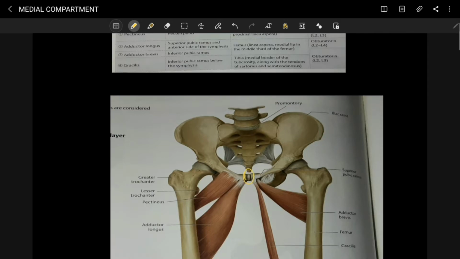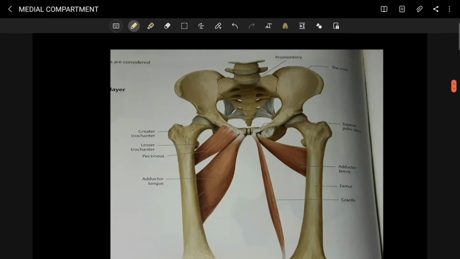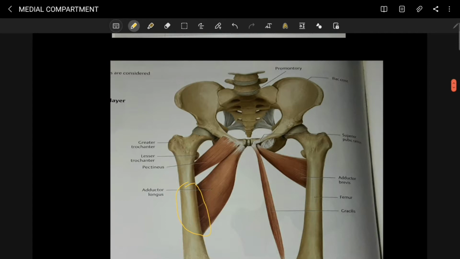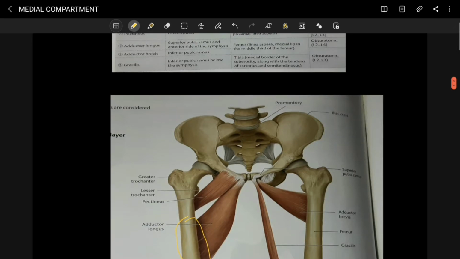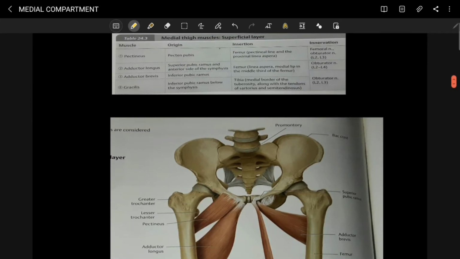So the superior aspect of the pubic ramus and anterior to the pubic symphysis is the origin for the adductor longus muscle, whereas its insertion is at the femur. It is inserted into the linea aspera. If you want to be more specific, use the words medial lip of the linea aspera. Alright, so that's our adductor longus.